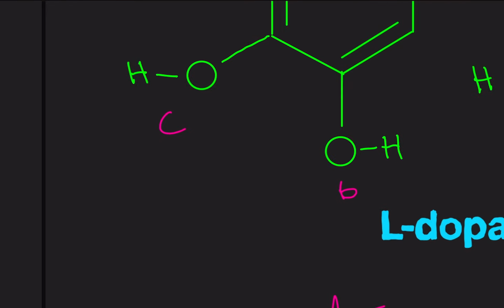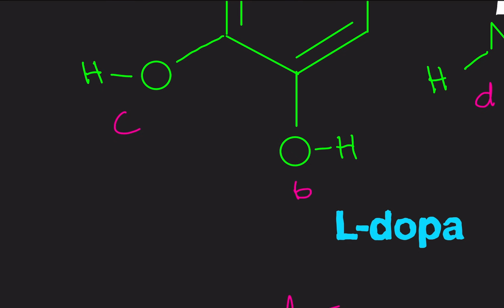Now let's look at this one here. Let's do the same thing. 1, 2, 3, 4. 4 is higher than 3. It is too far away to play a role in electronegativity. Same could be said for this proton here. 1, 2, 3, 4. 4 is higher than 3. It breaks that 3 bond rule, right?